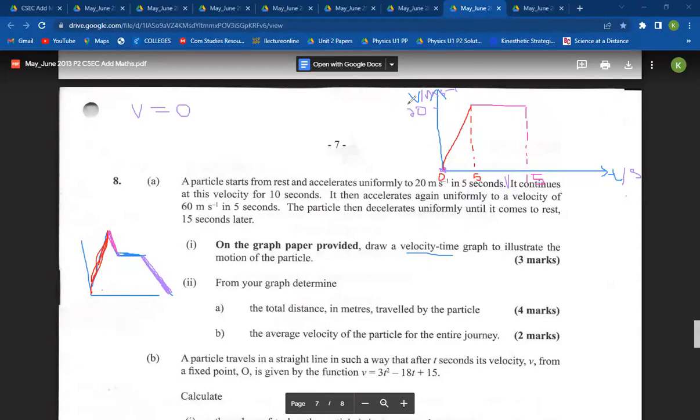Okay. Next phase. It then accelerates again uniformly to a velocity of 60 meters per second. So it accelerates again. Okay, I can do that.